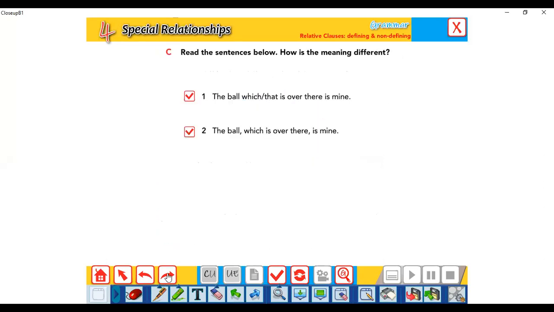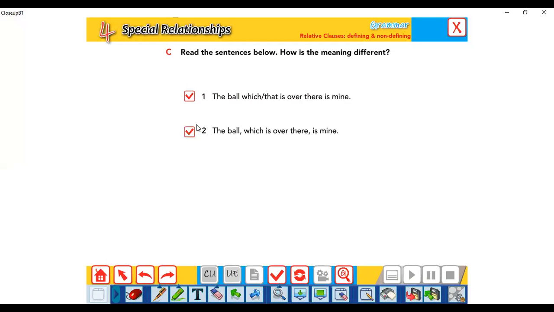Let's move to the next. Read the sentences. How is the meaning different? The ball which or that is over there is mine. The ball, which is over there, is mine. This is what we've said before. The first one is a defining relative clause. The clause is essential or necessary to understand the first part of the sentence. So we don't use commas.